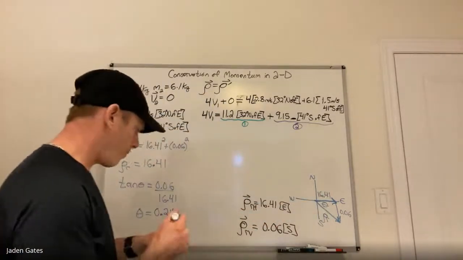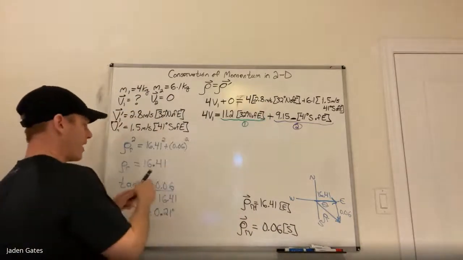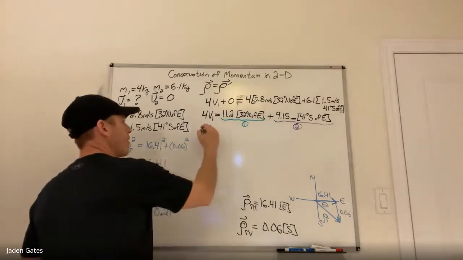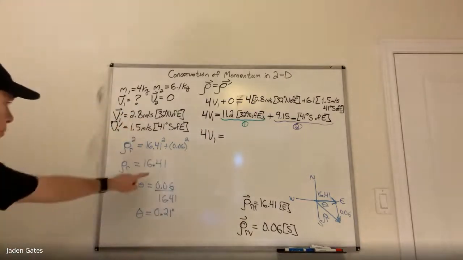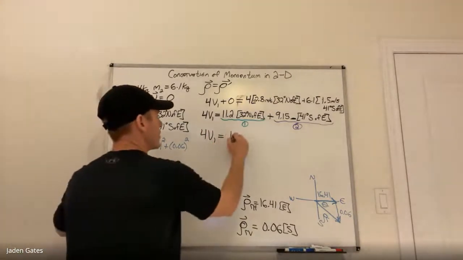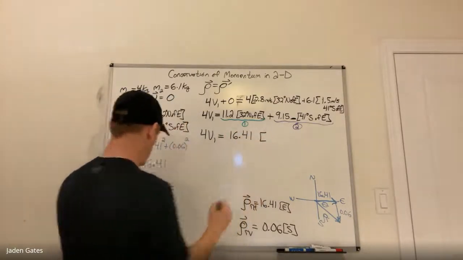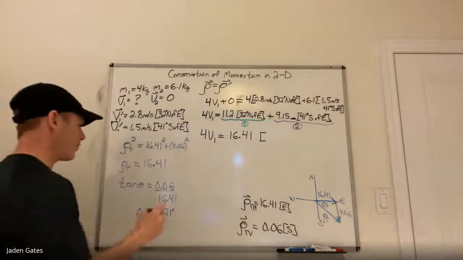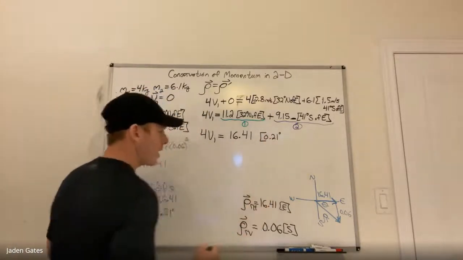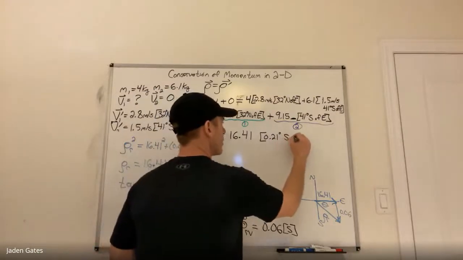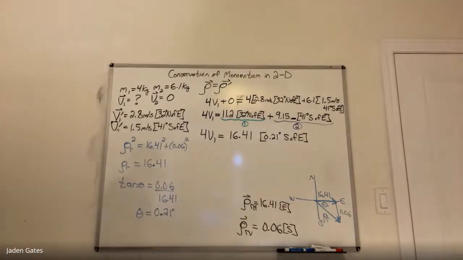All right, so here's what we're looking at now, is that I can now put these two vectors together and back into our equation. So we have 4 times v1, but now I've added those two vectors up where the magnitude is 16.41. Our direction, very small. I'm going to have to change this example on that note. 0.21 degrees south of east. So this person's a little bit off.